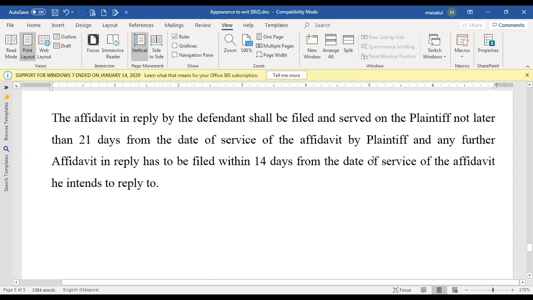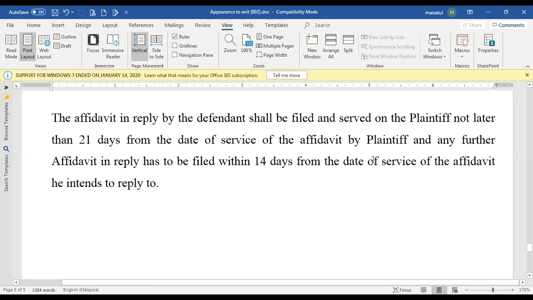This is the big difference. For a writ, you must file a memorandum of appearance, but for the originating summons, the first document the defendant must file is an affidavit in reply, 21 days after the date of service. Further, the plaintiff will file their affidavit in reply within 14 days after the service of the affidavit, if they want to reply.